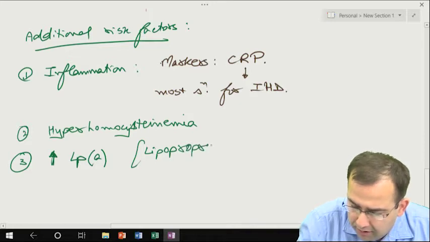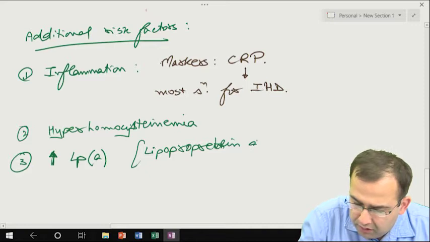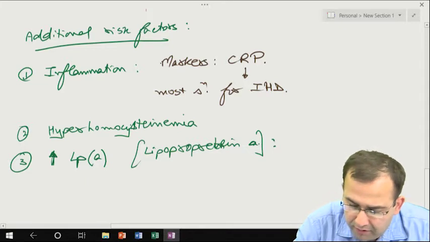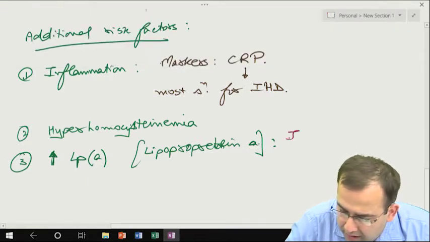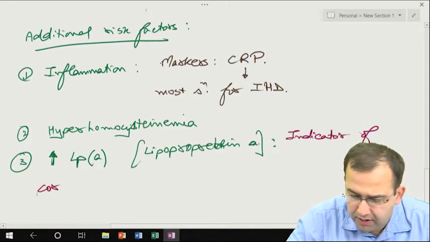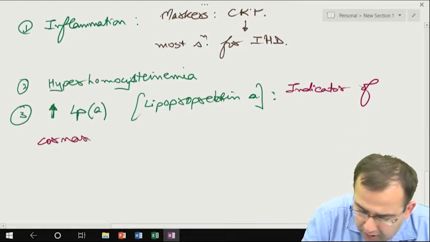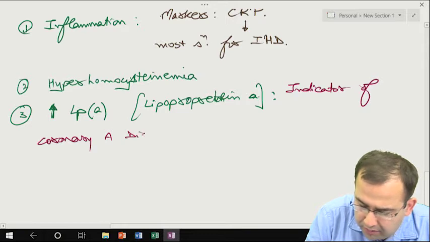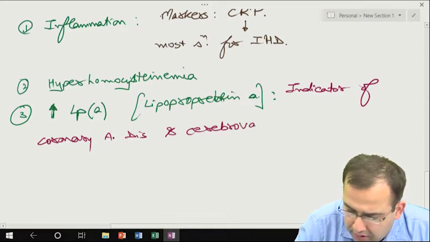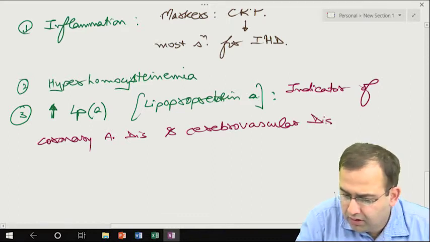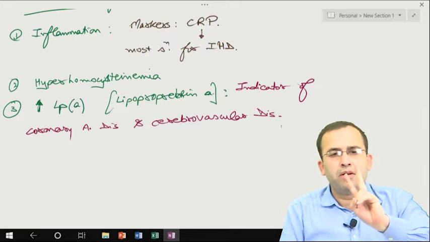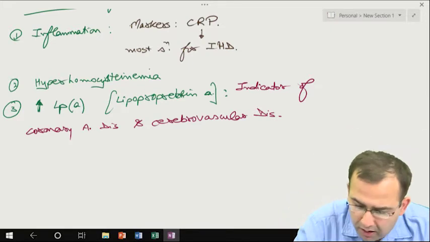Increased lipoprotein little a is one of the main indicators of coronary artery disease and cerebrovascular diseases. So the other risk factors that we have seen till now are inflammation, hyperhomocystinemia, increased lipoprotein little a.